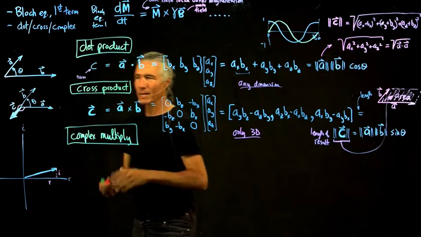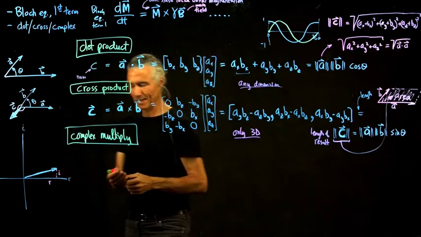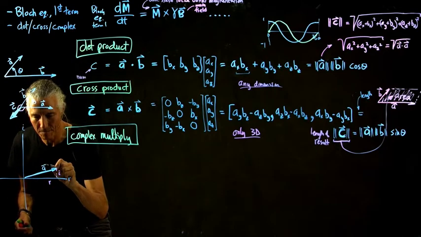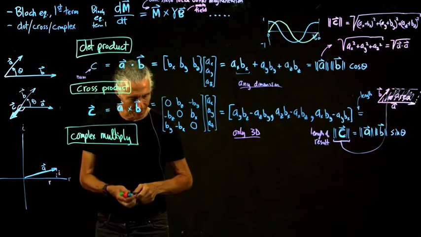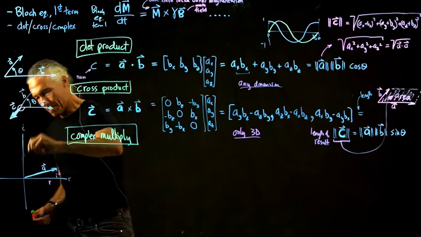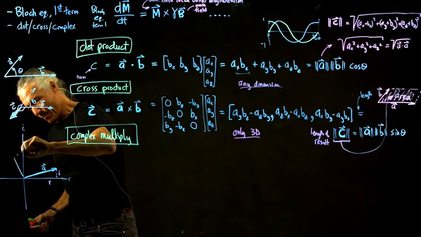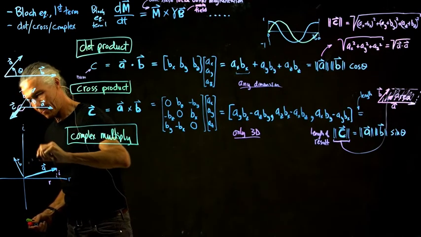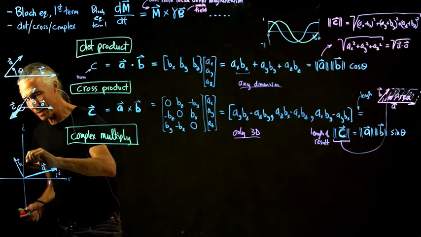And you can see immediately it's going to be related to cosines and sines. So if that's the complex vector A, now the question is, if we've got complex vector B, say B over here, how do we multiply those?